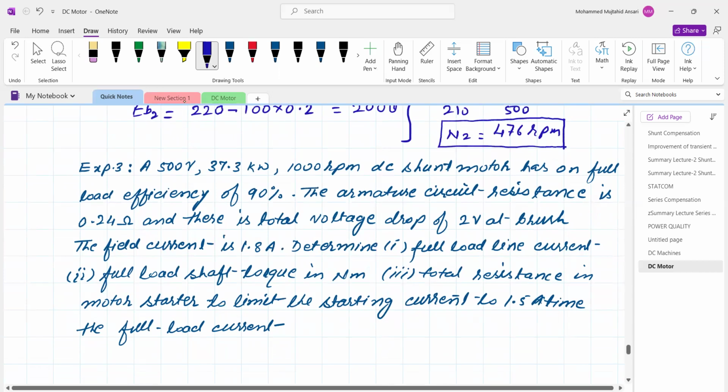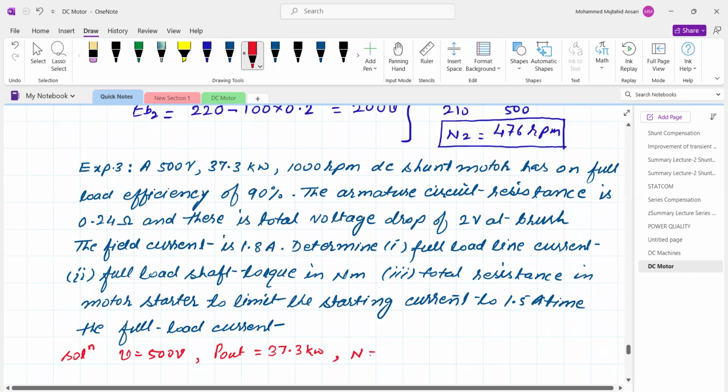Now, what is given? Voltage is equal to 500 volt. Power output is equal to 37.3 kilowatt at full load condition; whatever the nameplate rating is, that is the output rating.